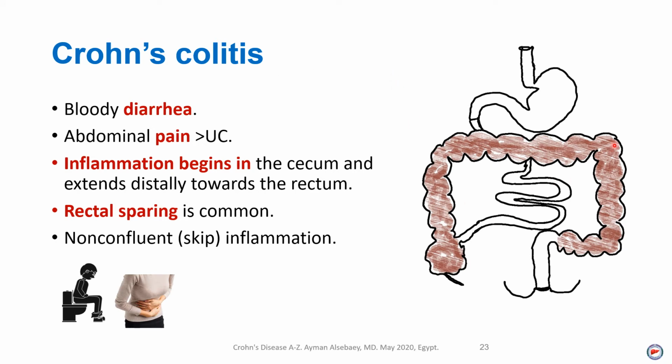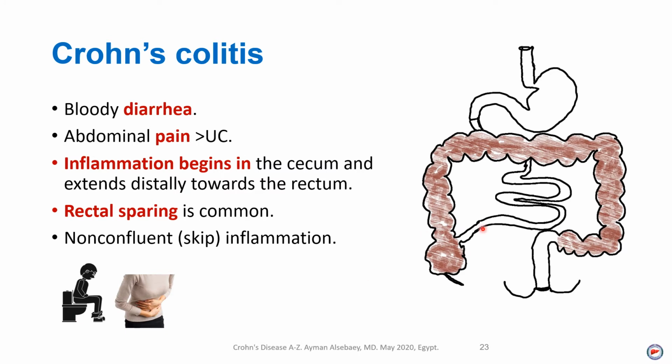In Crohn's colitis patients in which the colon is affected, especially the isolated type, you will find that the rectum is spared during endoscopy. But stop, we have said before that if the mucosa looks normal during endoscopy, that does not mean that it is devoid of inflammation. We should take biopsies because biopsies may show active inflammation.